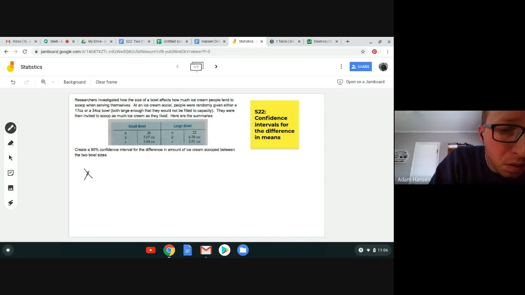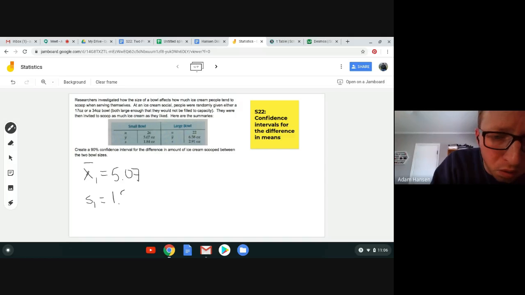X bar 1 is 5.07 ounces. The standard deviation for the sample mean in group 1 is 1.84 ounces. And the sample size for group 1 is 26.